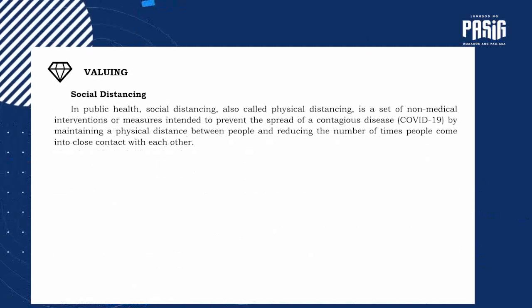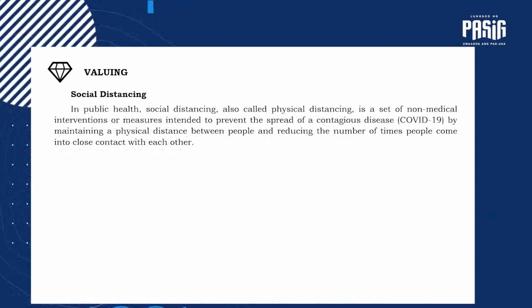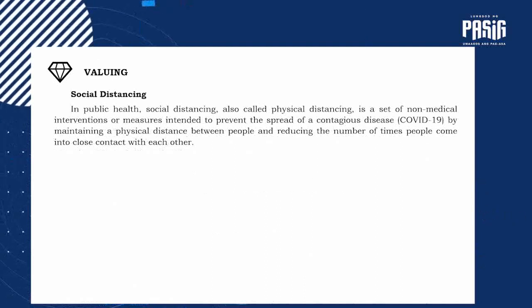For our valuing, let's have social distancing. In public health, social distancing is also called physical distancing. It is a set of non-medical interventions or measures intended to prevent the spread of a contagious disease called COVID-19 by maintaining physical distance between people and reducing the number of times people come into close contact with each other.